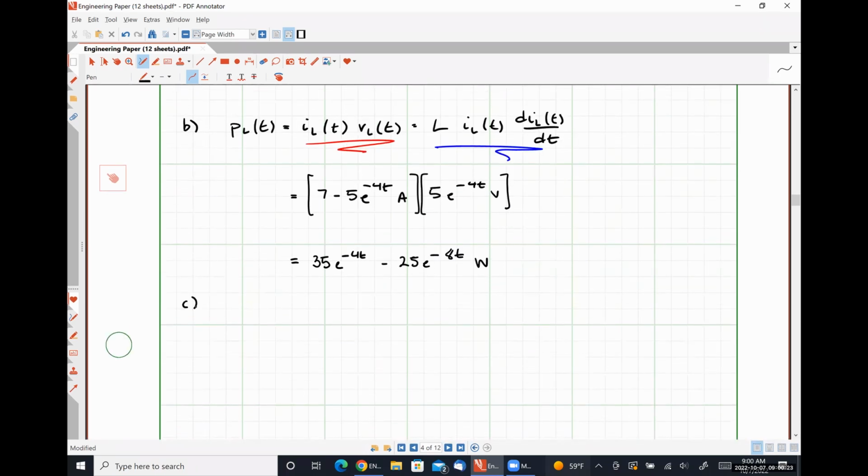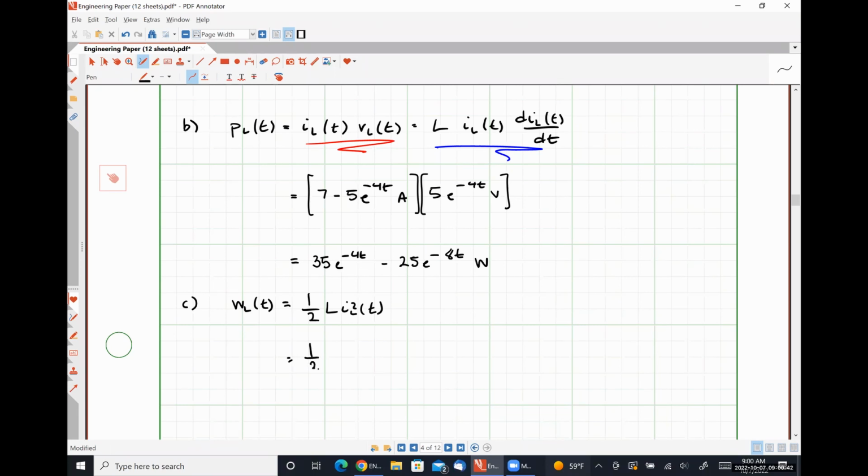Lastly here, we have the energy absorbed by an inductor, which is given by 1/2 L I squared.